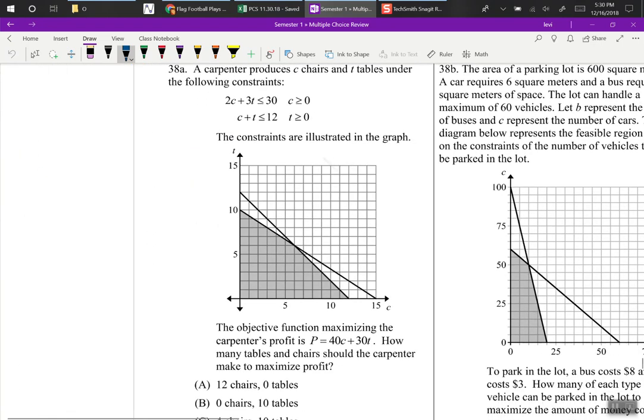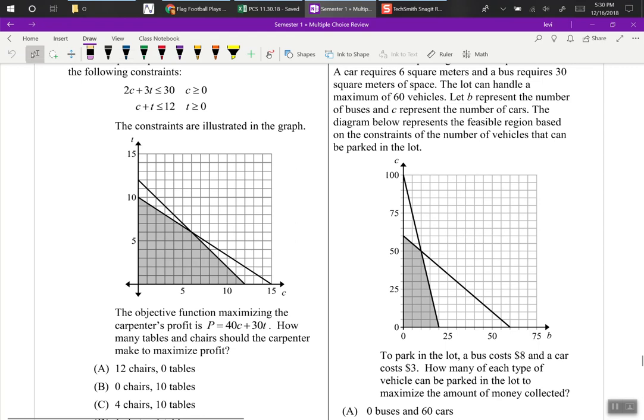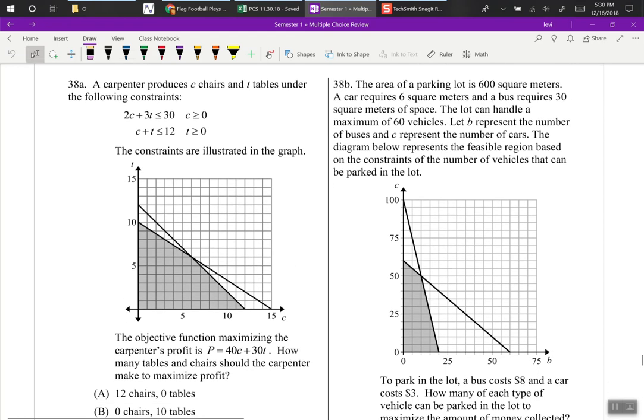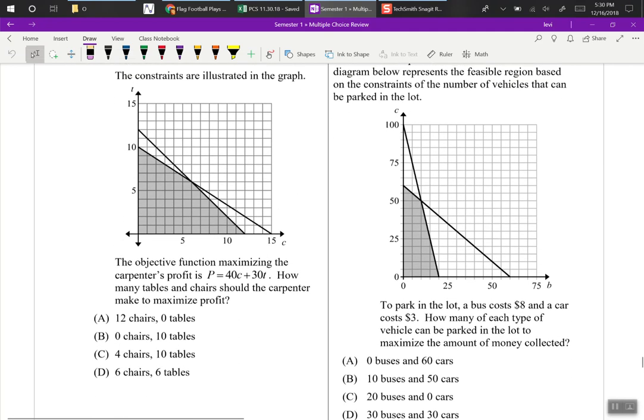38A. A carpenter produces chairs and tables under the following constraints. The constraints are illustrated in the graph. Here is the objective function. How many tables and chairs should the carpenter make to maximize profit? So here we're crossing right here.